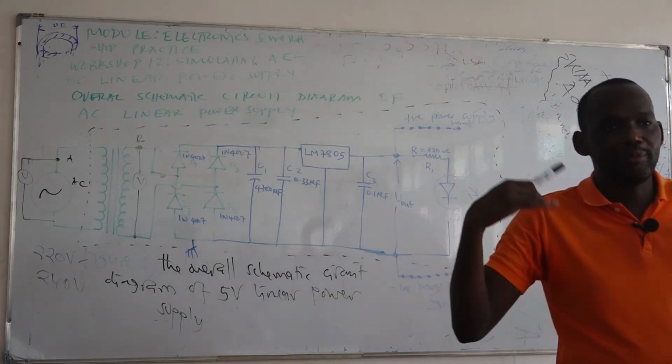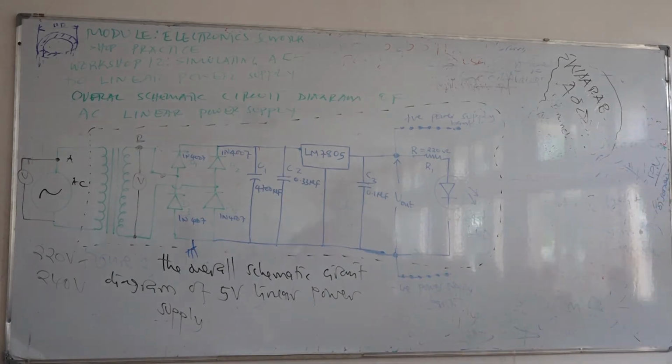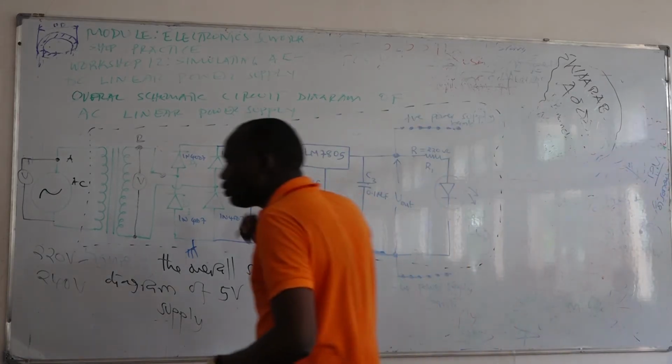The blocks that we have been teaching you in the detailed block diagram of a linear power supply are very important, so you know what is the input and what is the output, and what change of voltage or currents has taken place within that block. Are we together, class?